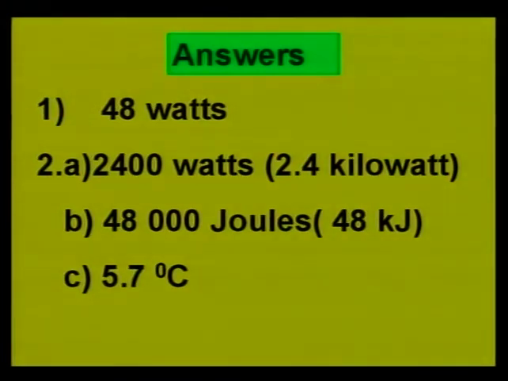Now, if you want to measure the rate at which this work is done, then we are trying to measure the power, how much power is supplied. So using those equations or formulas, you can calculate the power that is supplied to each of those appliances or components.